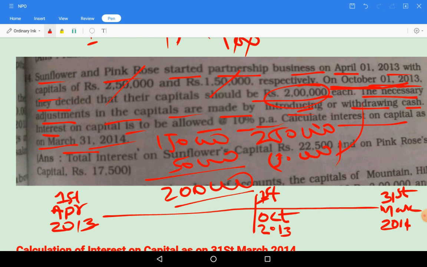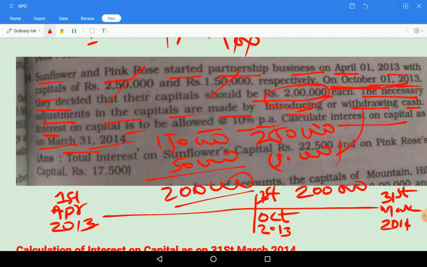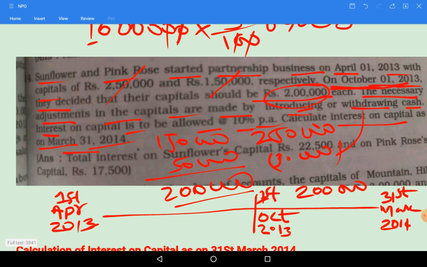यहाँ से कैपिटल कितना रहना है 2 लाख रहना है. क्वेश्चन में वैसे ही बोले. See there, they have the capital should be 2 lakhs. उनका कैपिटल कितना रहना है 2 लाख रहना है.